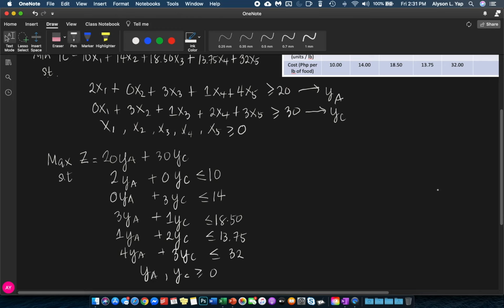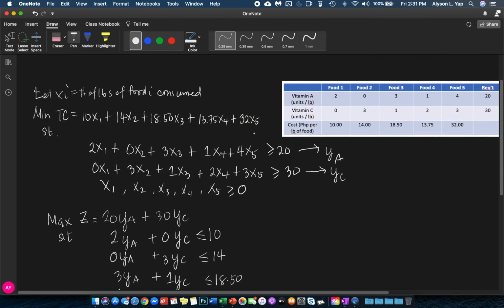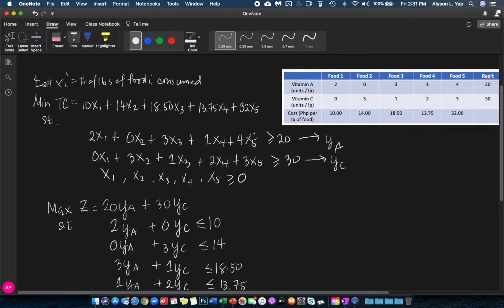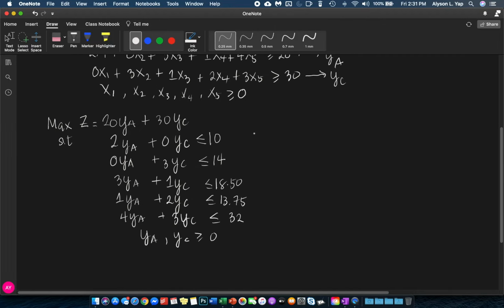So what we have here is our primal problem on top, okay? And our dual problem below. And how do we define our variables YA and YC? So let me define YA.